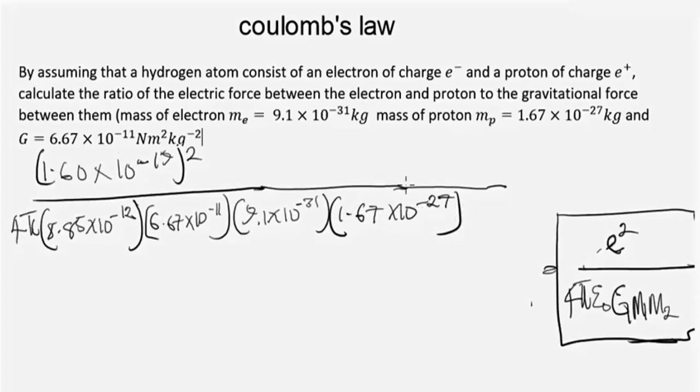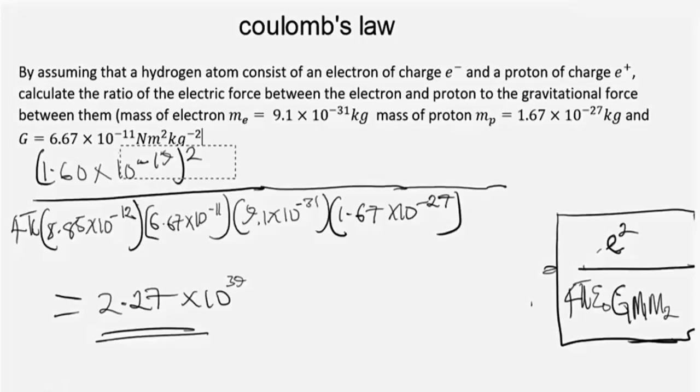Now we have all these, so you simply plug it into your calculator and you get the final answer, 2.27 times 10 to the power of 39. So this becomes the ratio. We notice that the electric force of attraction between the proton and the electron is far greater than the gravitational force. We'll go ahead and try further examples on this.